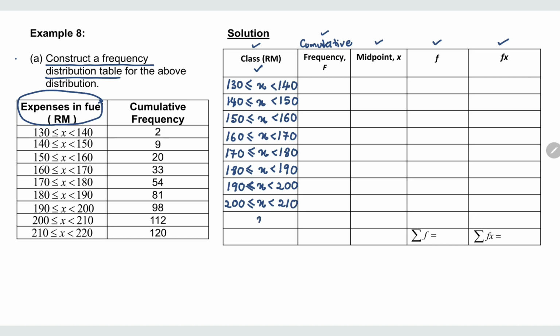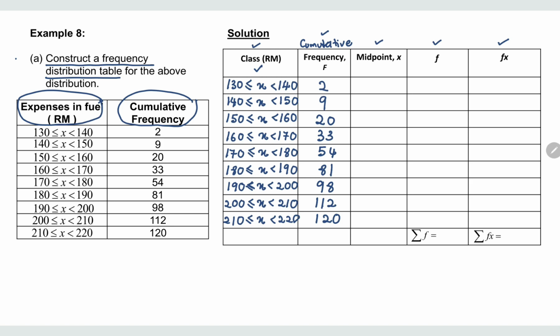For the last class, x greater than or equal to 210, less than 220. Okay, now for the cumulative frequency, we can copy from this table, which is 2 for the first class, then 9 for the next class, and so on, which is 20, 33, 54, 81, 98, 112, and 120 for the last class.